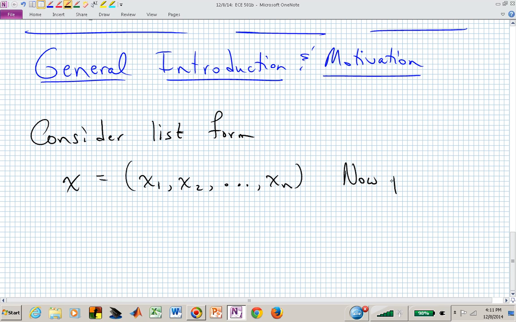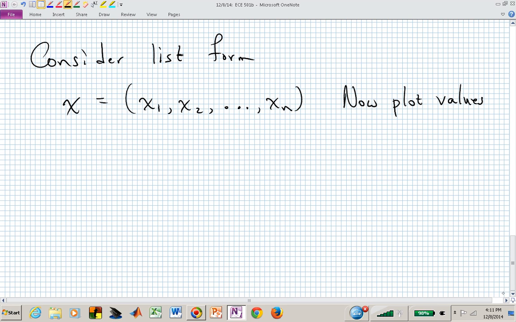And now let's take that list form and plot them. Meaning now for specific values of little n, let's just take little n equal to 8 for starters, and now plot each of these coordinates relative to an indexed line on the horizontal axis.